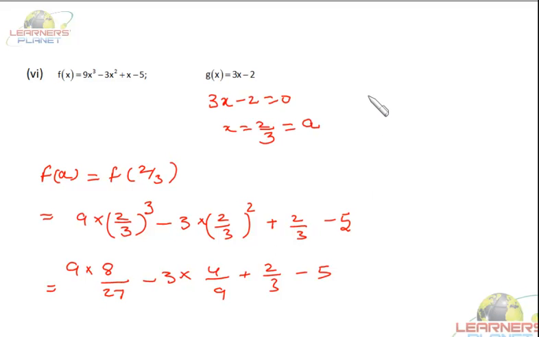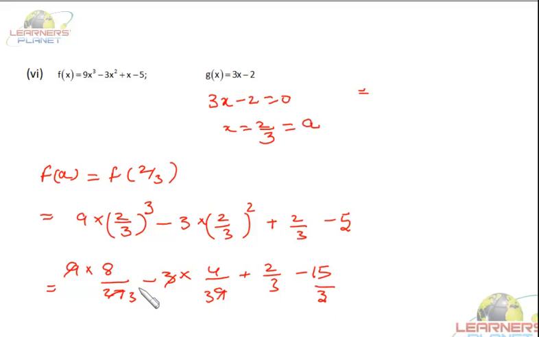Okay. So in the next step, 9 threes are 27, it's 3 threes are 9, it's 8 by 3 minus 4 by 3 plus 2 by 3 minus 5. So what we can do is, we can write it as 15 by 3.